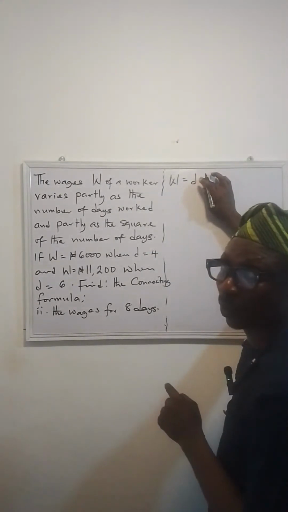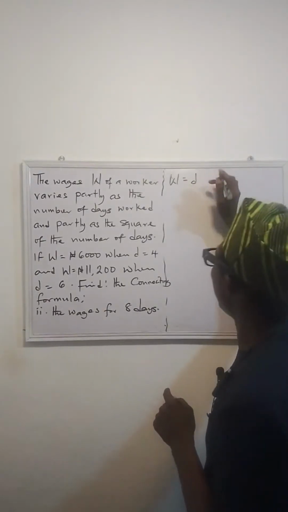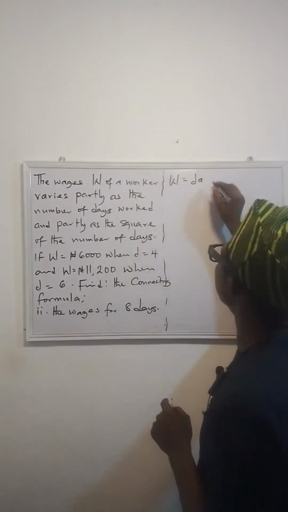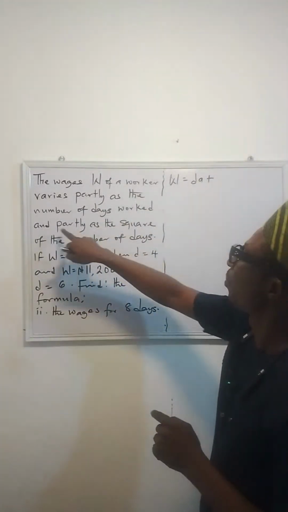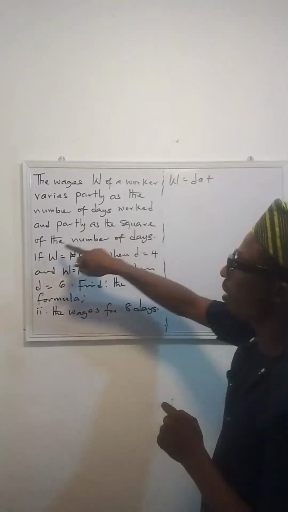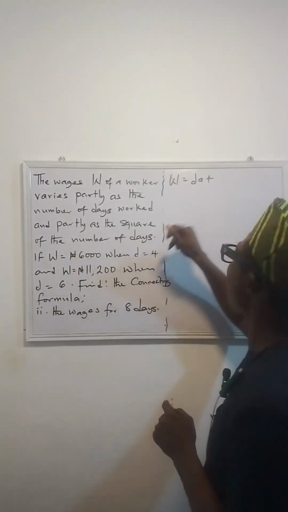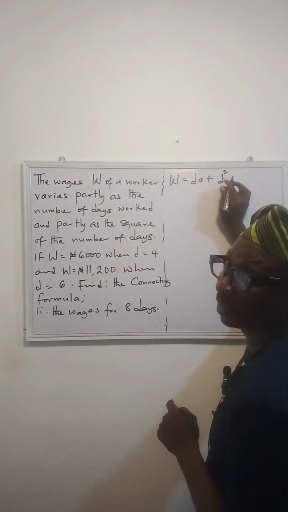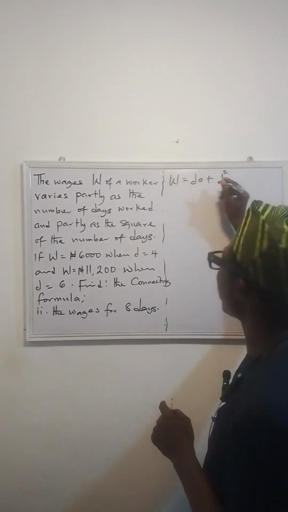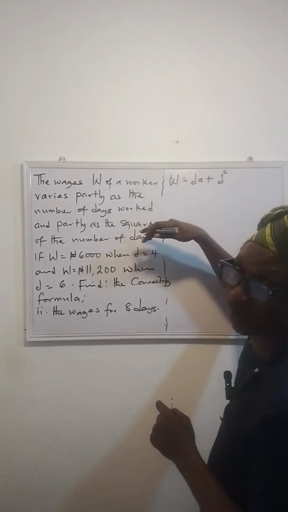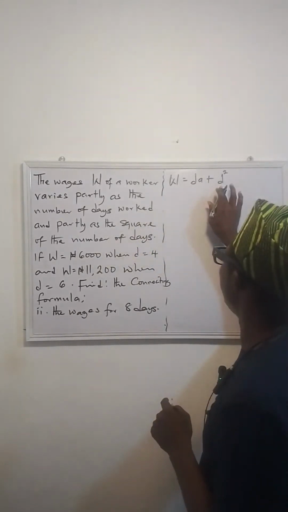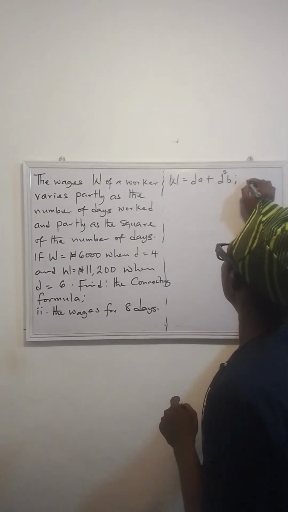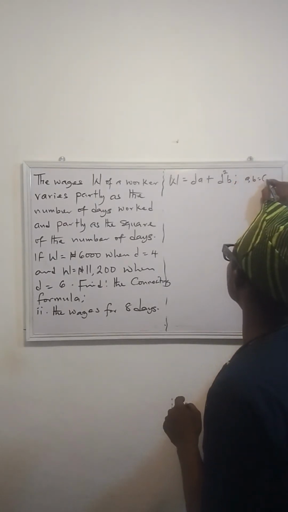Immediately we put a constant there, let's represent that constant with A. And partly as the square of the number of days, so that means D squared. You introduce a proportionality constant to that again, because this is a variable, so we have B, where A and B are constants.